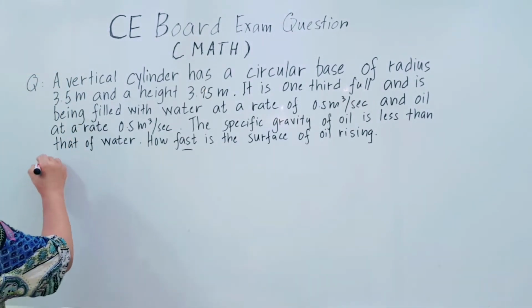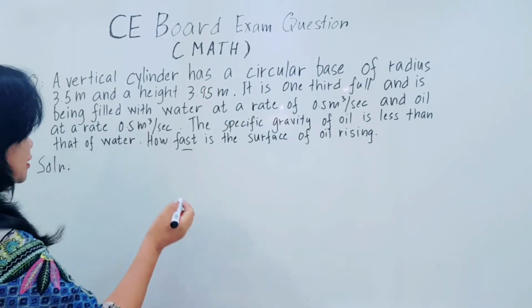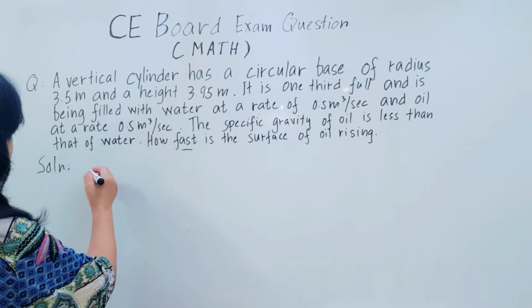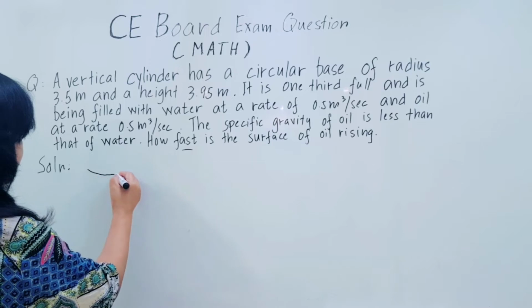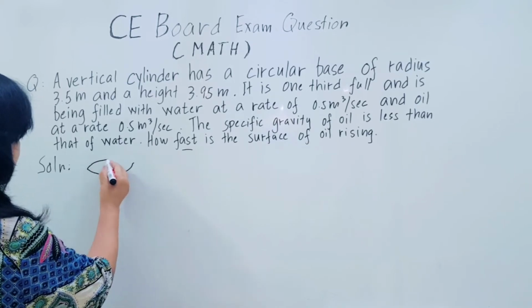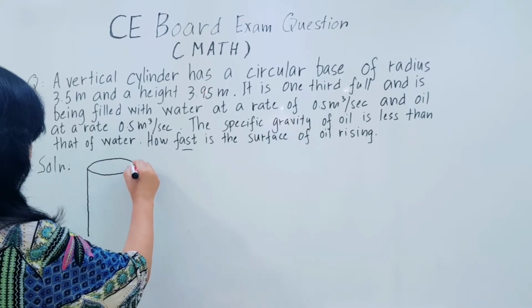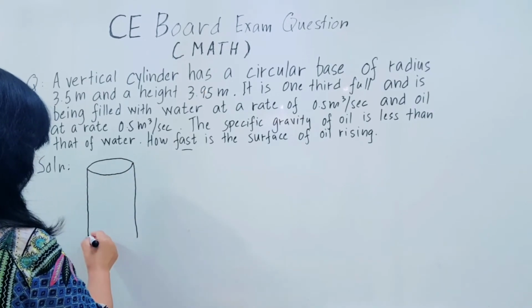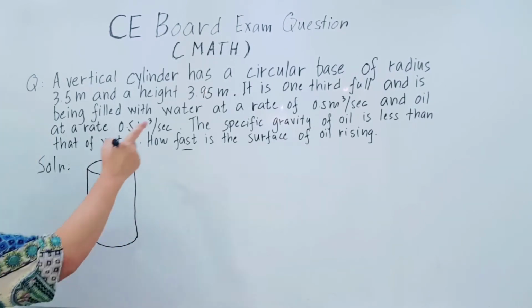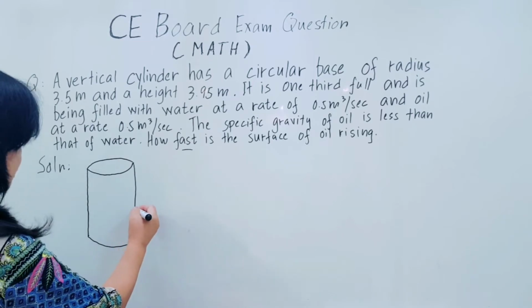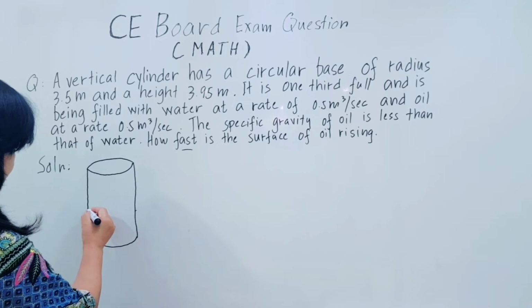So, to solve this one, we have to draw first, because it is a vertical cylinder, a rough sketch of the cylinder. And it is 1/3 full. That it is 1/3, that means it's like this. 1/3 full.